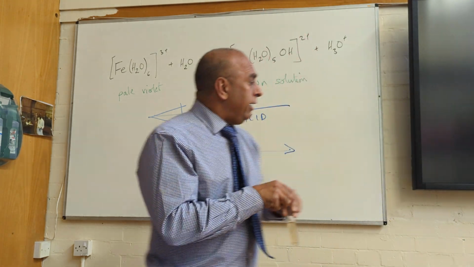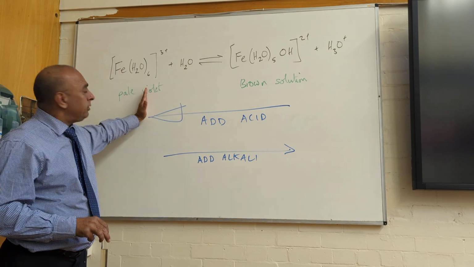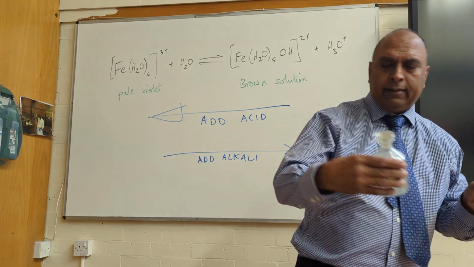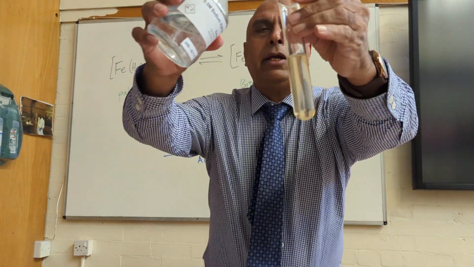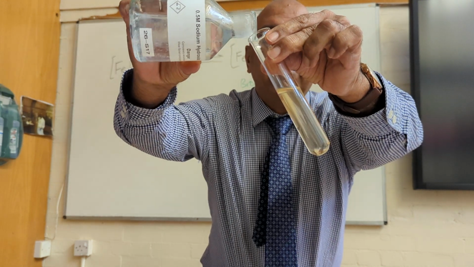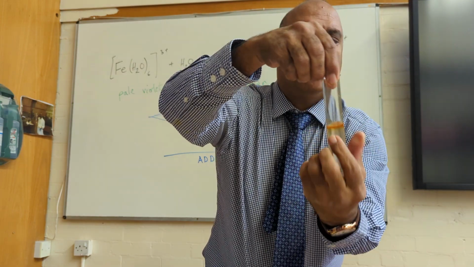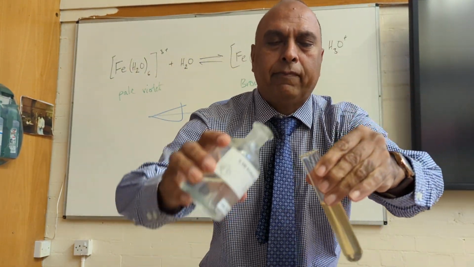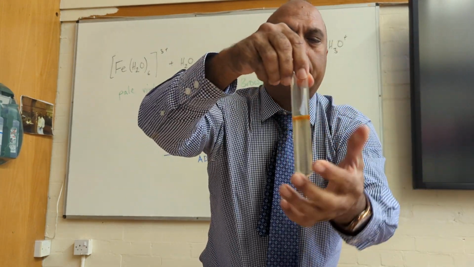Now, if I've got the equilibrium position on the left hand side, it's pale violet, then of course with alkali, sodium hydroxide, I can shunt the equilibrium the other way and it'll go brown. Put a little bit in, shake it up, bit more, couple of drops, shake it up.